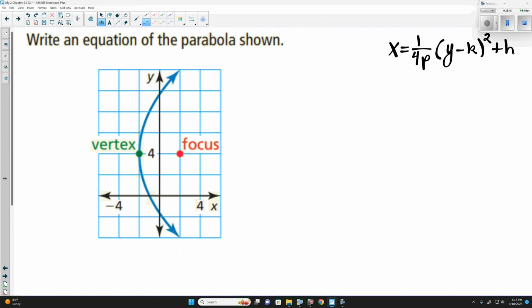And again, knowing which direction it opens or being able to identify the information given will help us figure out our starting point, which equation we're looking at. Now, they gave us the vertex and focus also. The vertex for this is -2 and 4. The focus is 2 and 4.